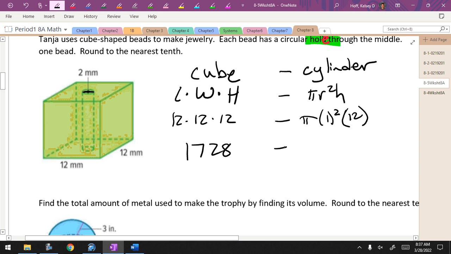Anybody get an answer? 37.7. Haley, do you agree with that? Yeah? Rounded correctly? Okay. Now take 1,728 and minus 37.7. And we're subtracting because there's a hole. We're removing that material.